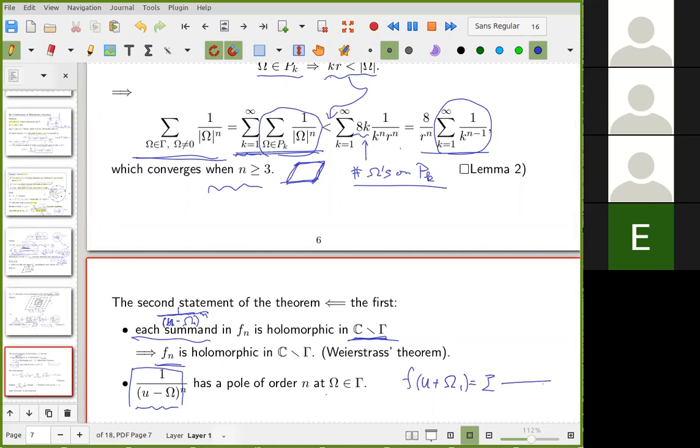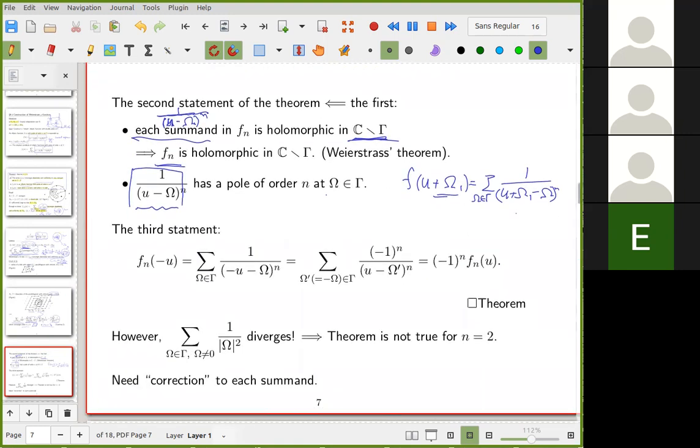For example, if we shift the variable u by omega 1, then we have such an expression.